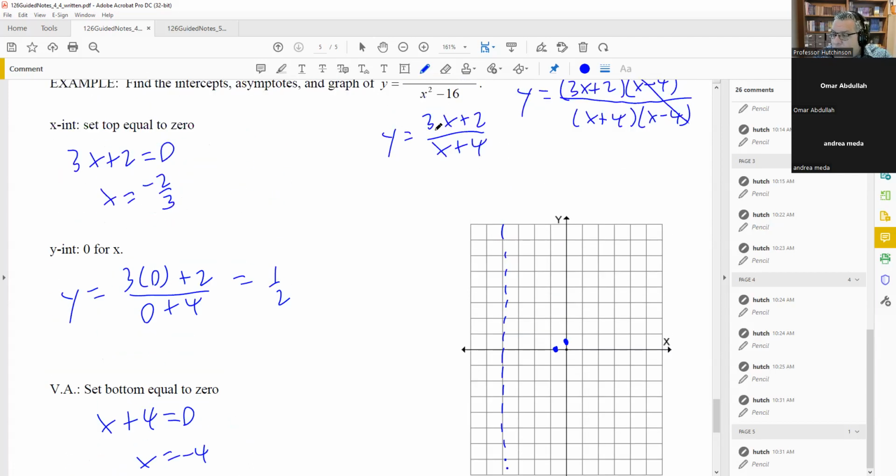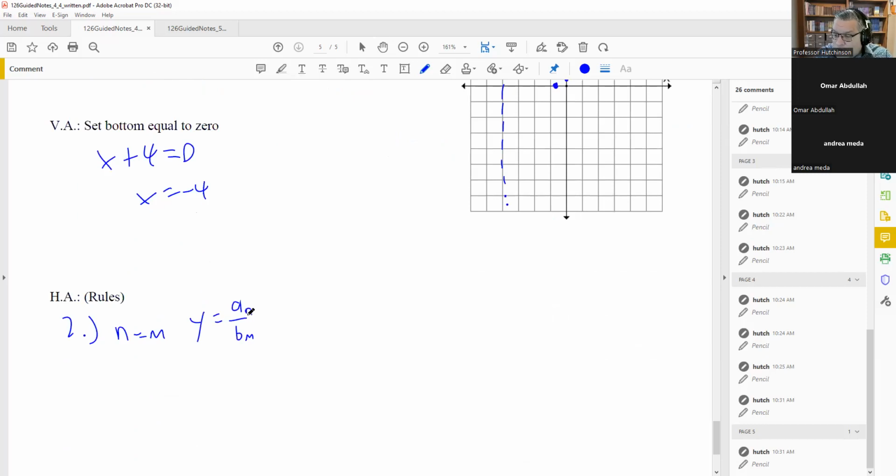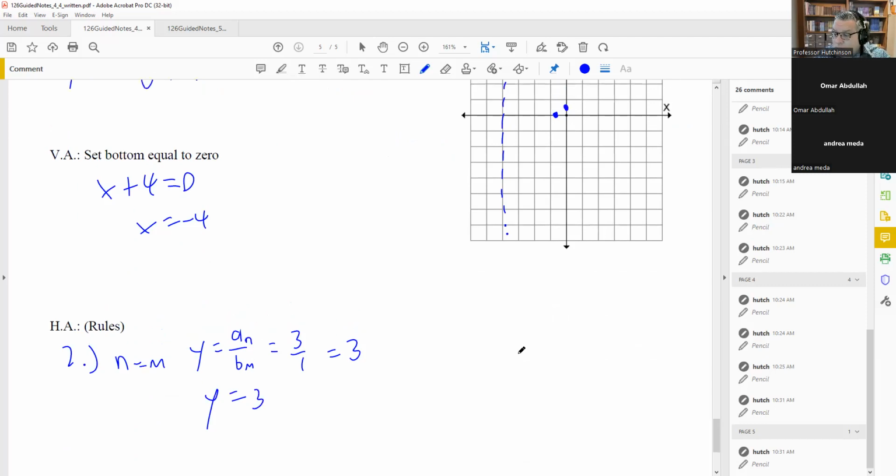The coefficient in front of the x with the highest power is a 3 there, and there's a 1 down below here. So 3 over 1 we have for that, which is equal to 3. So y equals 3 is the equation for your horizontal asymptote.